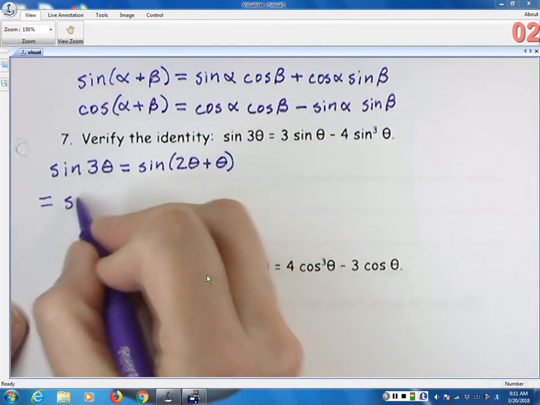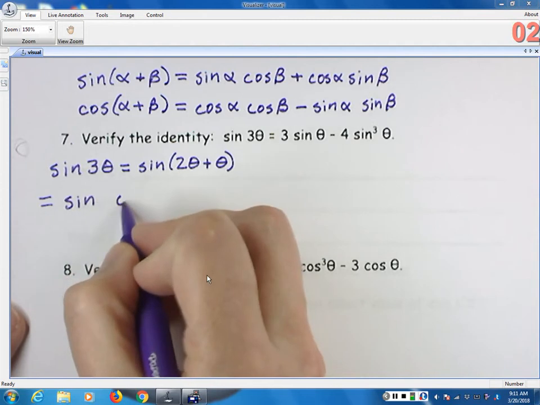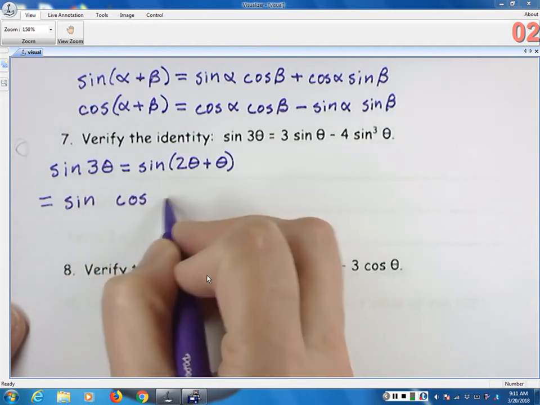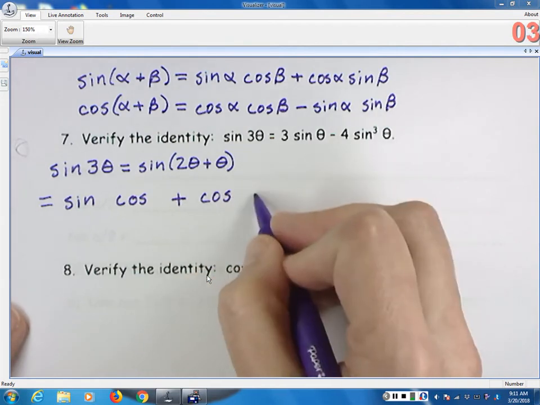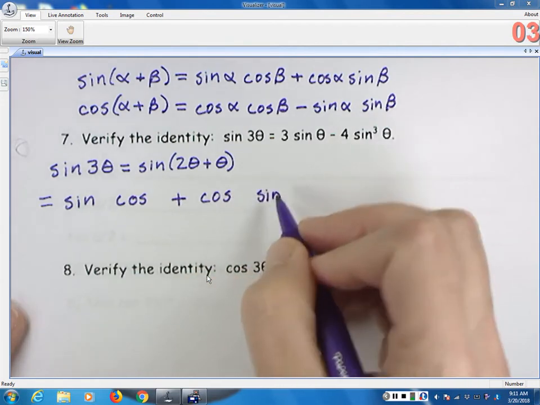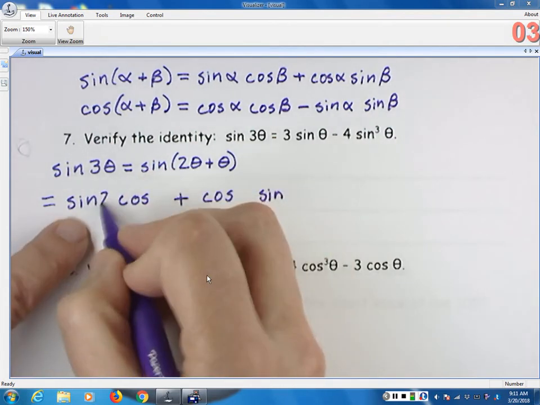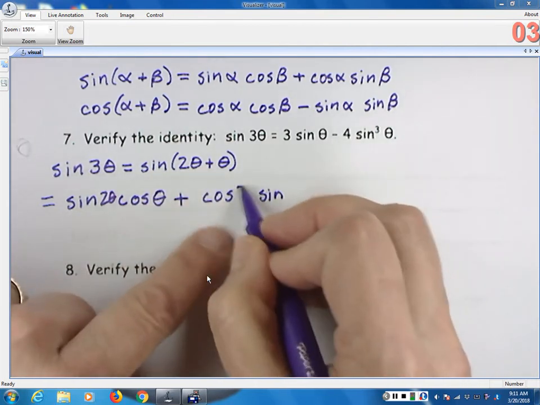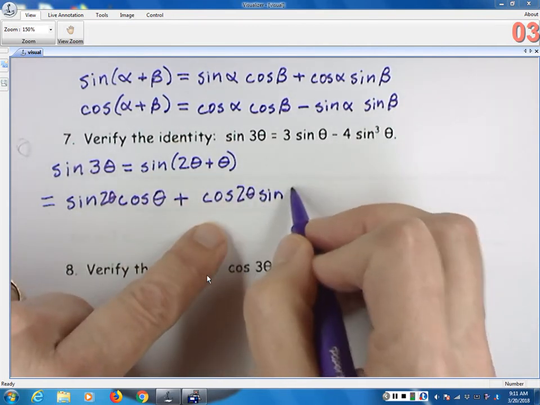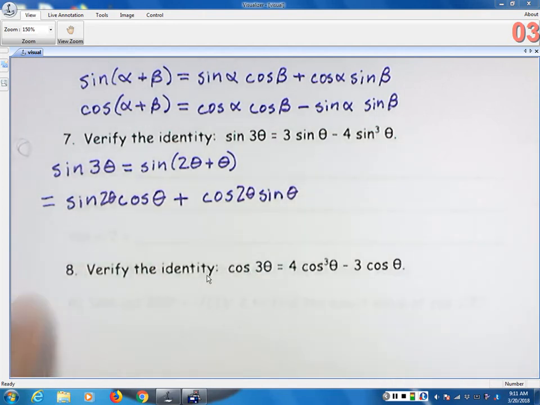I'm just going to write sine, leave a blank, cosine, blank, plus cosine, blank, sine, blank. So the first angle goes here, second angle goes here, first angle here, second angle here. All right.